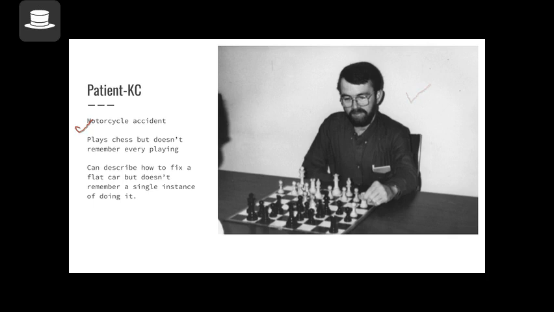For example, this particular patient KC, he can play chess, he can explain to you the rules of chess, the concept of the game, the logic of it, everything, but he doesn't remember ever playing this particular game.